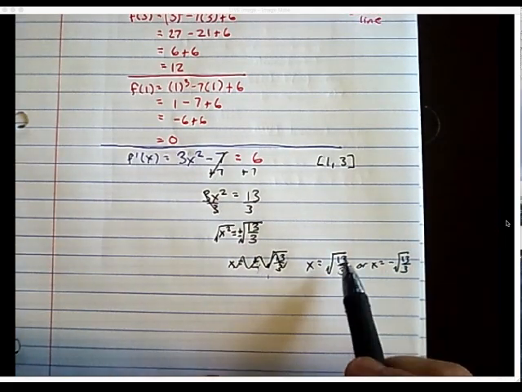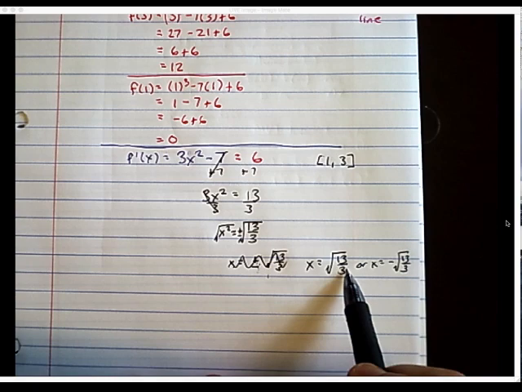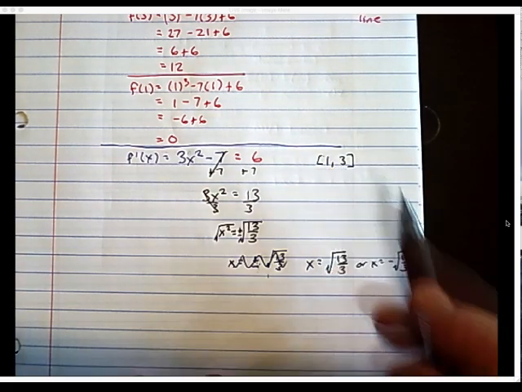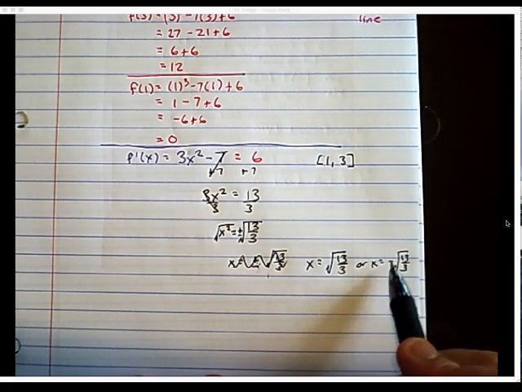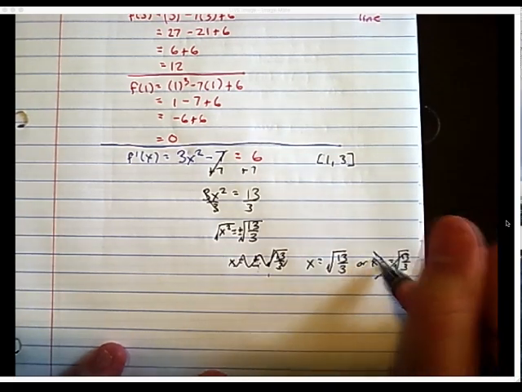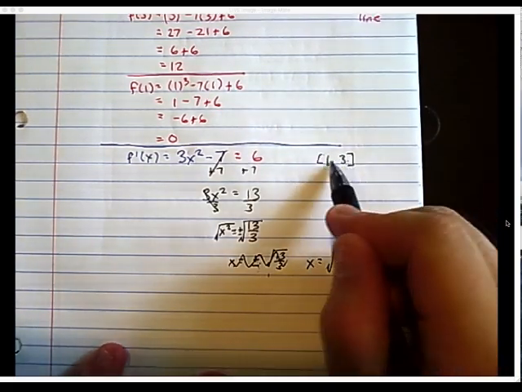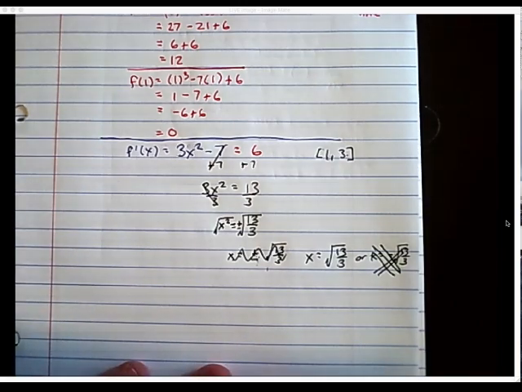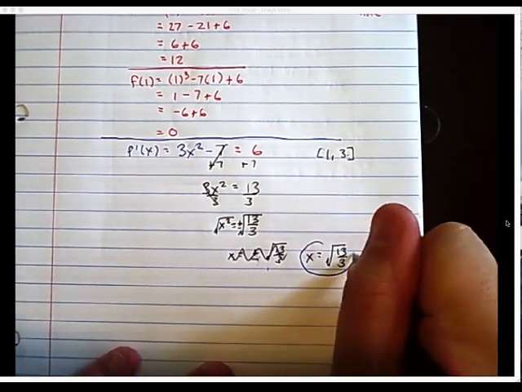Okay, so what is 13 over 3? It's a number a little bit bigger than 4. It's 4 1/3. So if I take the square root of 4 1/3, it's going to be 2 point something. Okay, 2 is inside here. But if there's a negative in front, this means negative 2. This cannot be the answer because that's not in between 1 and 3. So my only answer that works is this.